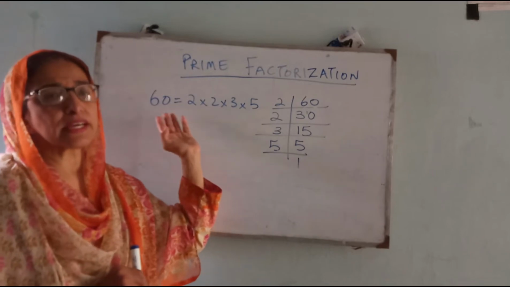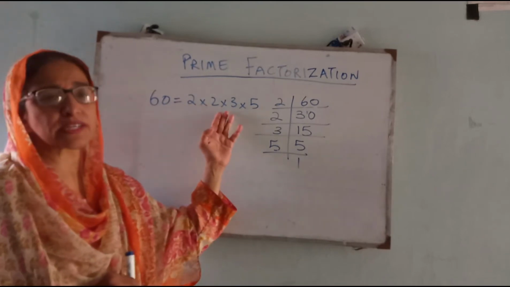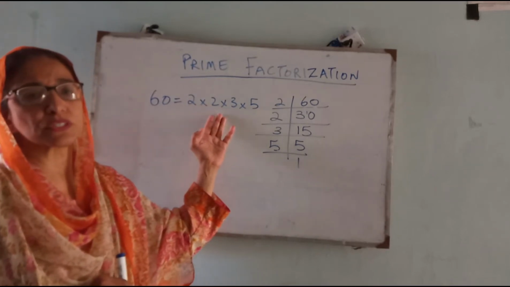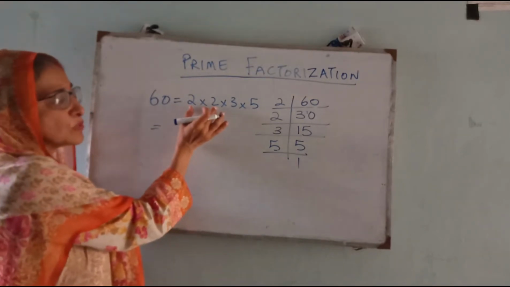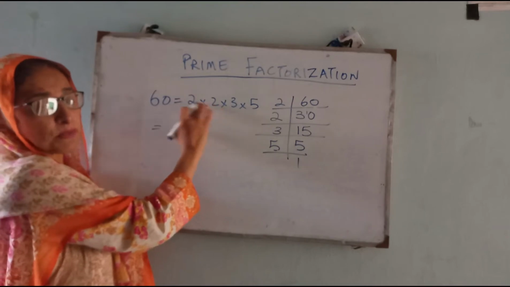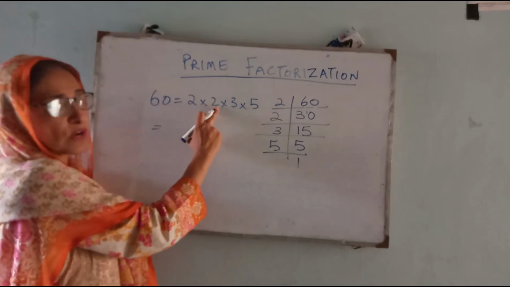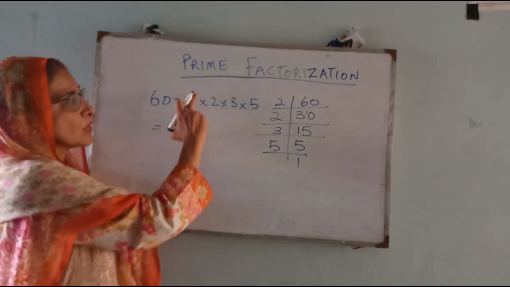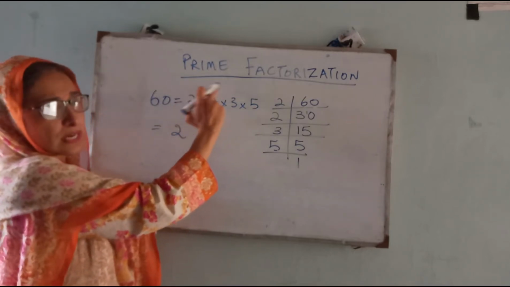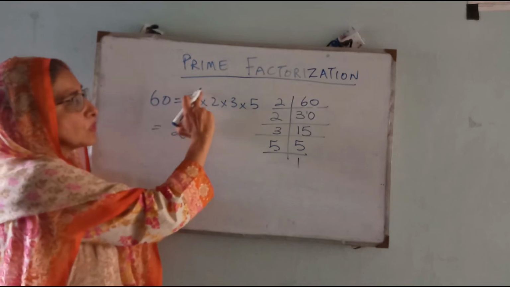Now if I say represent these prime factors in the form of index notation, how are you going to do it? For the index notation, I told you that if you have the same base, you are going to write it once and you are going to add the index. Index means power. You are going to add the power.